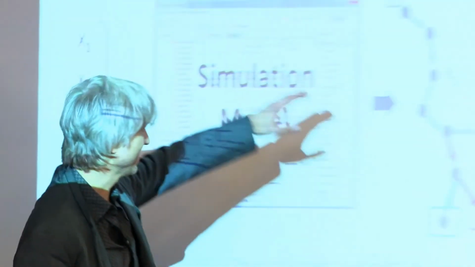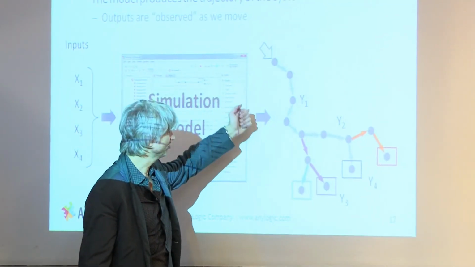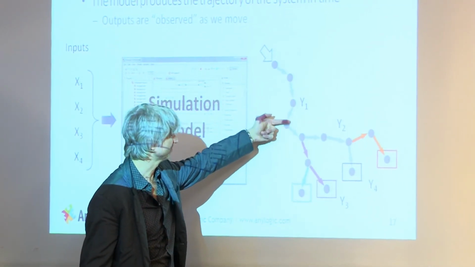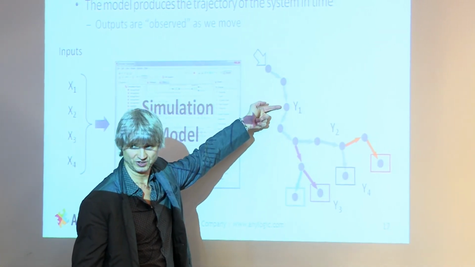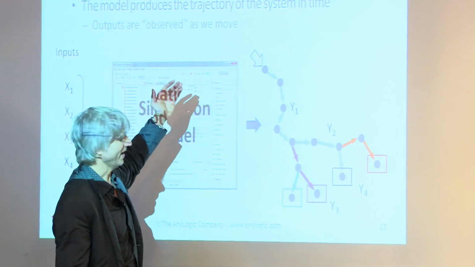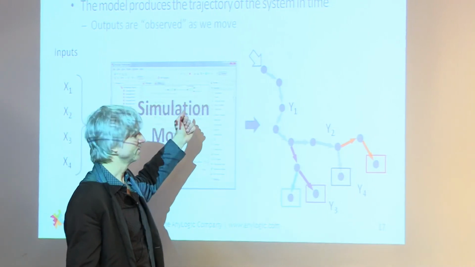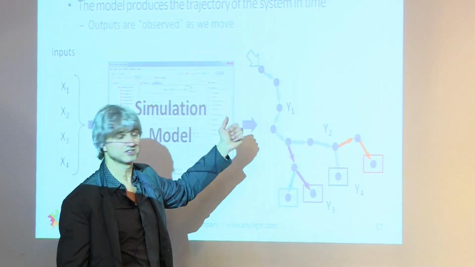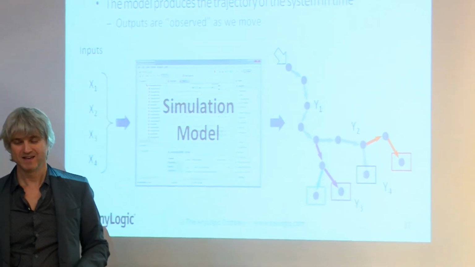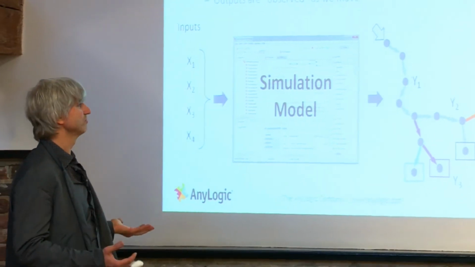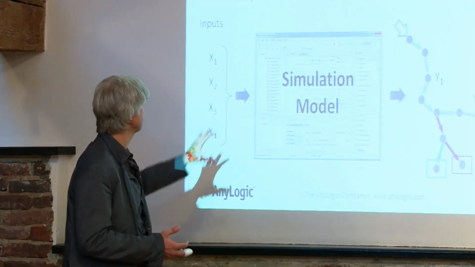It's a set of rules that allow you to obtain the next state of the system in time, given the current state. So any simulation tool builds you the trajectory of the system in time, based on certain rules described in the model.